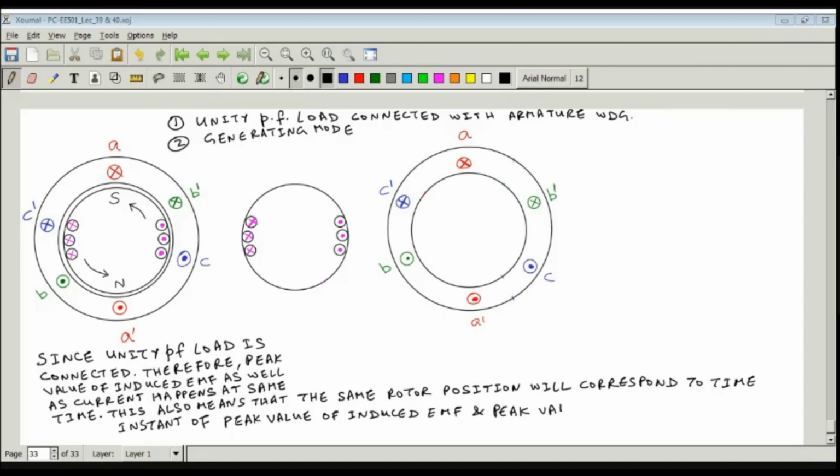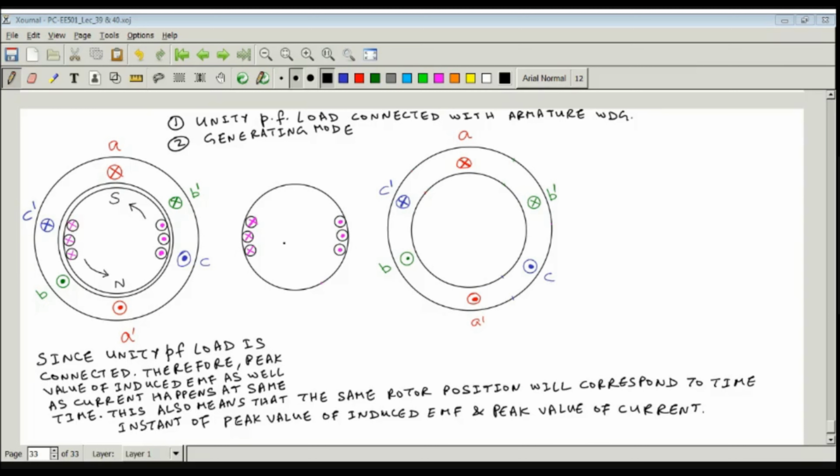We have learned this in this lecture only, but I just reminded you that we are taking unity power factor load. So we will have the same rotor position corresponding to the time instant when peak EMF is happening and peak current is happening. So this is that rotor position.